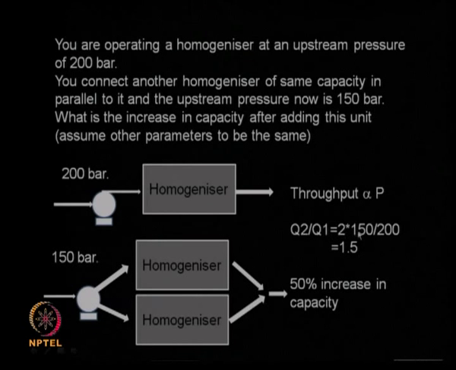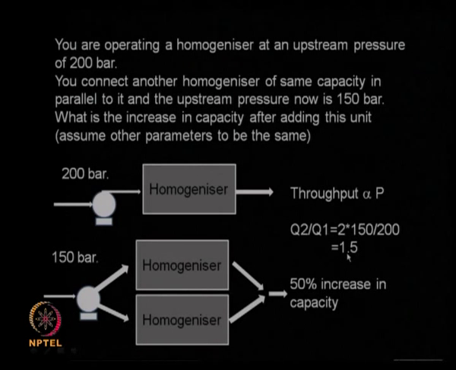Do you understand this? Q2 is the capacity of this particular system, Q1 is the capacity of this particular system. So Q2 by Q1 will be equal to, I put a 2 here because there are two homogenizers. Now the pressure here is 150 bar, the pressure there is 200 bar, that is why I put 150 here and 200 here, understand.